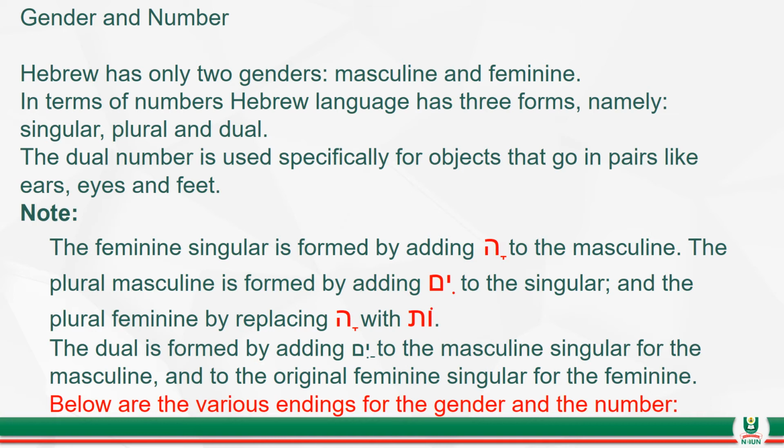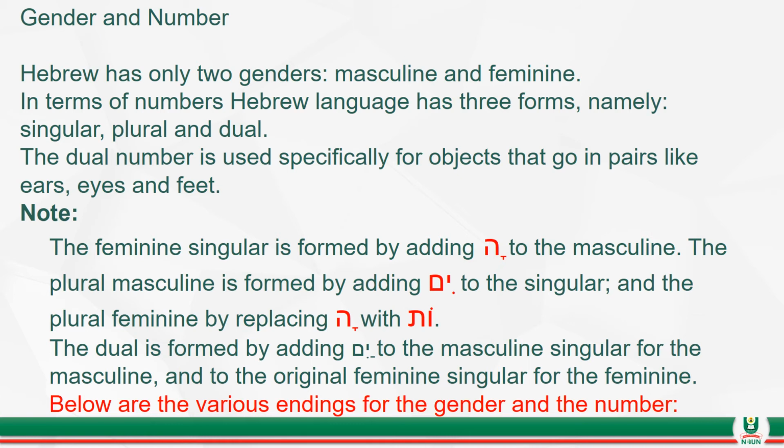This is explainable. We all know that the Jewish community is a patriarchal community, and so every word naturally comes with the jacket of the masculine, and the feminine is a derivative of the masculine.